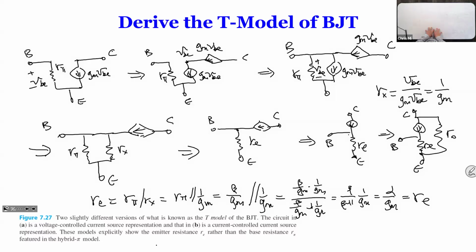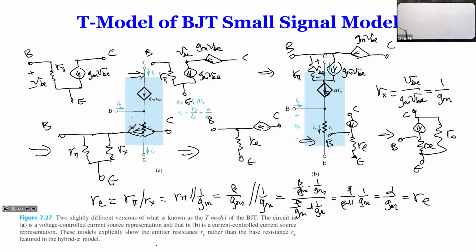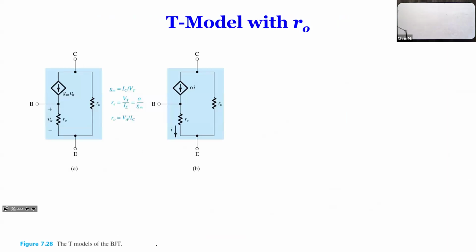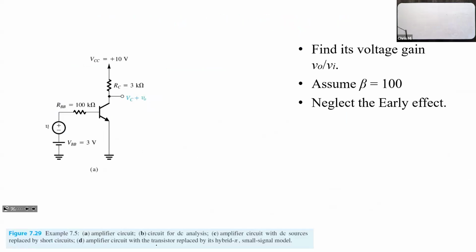If there's a resistance or something at the source, like an input resistance or current source, whatever, capacitor, go with your T model. So this is the T model we derived, and then if you add RO, those are the models. Okay, you guys have that.